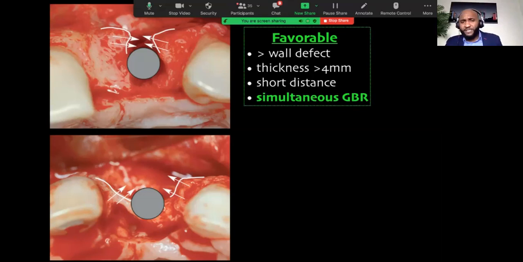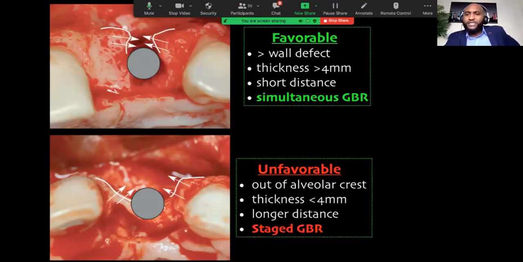So a favorable defect will be one that has many walls, like in that one, at least 2 or more walls. You also are looking at a crest thickness. If you have a ridge whose crest is at least 4 millimeters and more, then this will be a favorable defect. A short distance would mean that you have a shorter period before you have fully regenerated that bone. So in this case, you will therefore do simultaneous guided bone regeneration and place an implant.